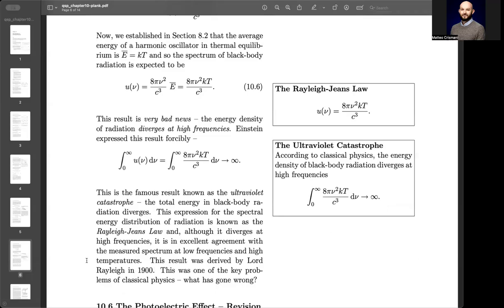Lord Kelvin, of course, I don't know if you know this, he had a famous quote. And he said, I think we figured out almost all of physics. There's just two dark clouds looming on the horizon. What he didn't know at the time is those two dark clouds would end up being special relativity and quantum mechanics.